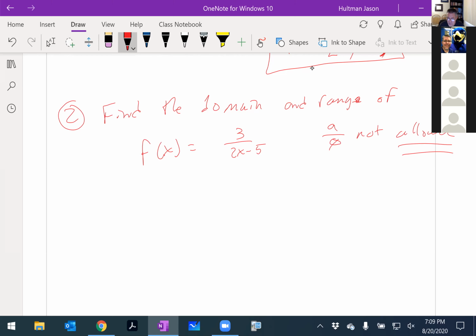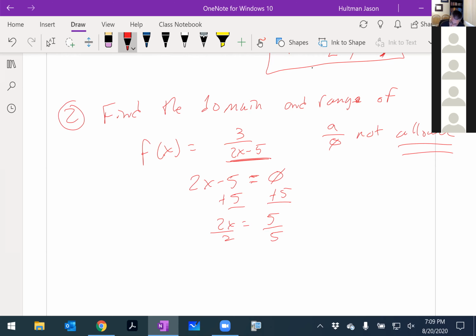That means that I can't let the bottom be 0. So what value is going to be a bad value? It's the value that would equal 0 here. So let's just solve for x. We're going to add 5. 2x equals 5, and then divide by 2.